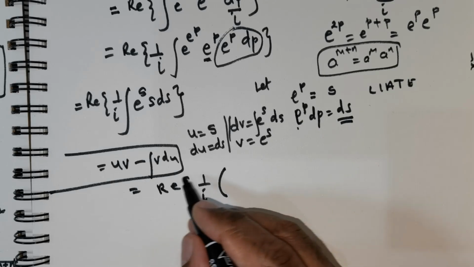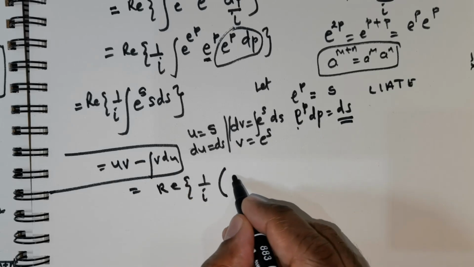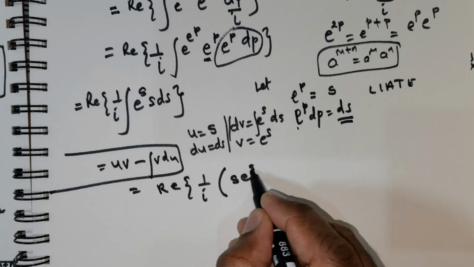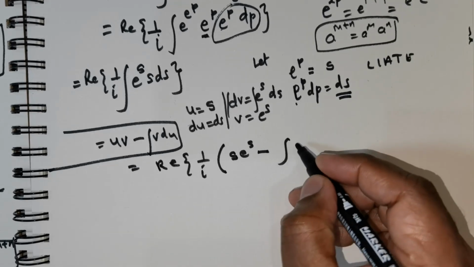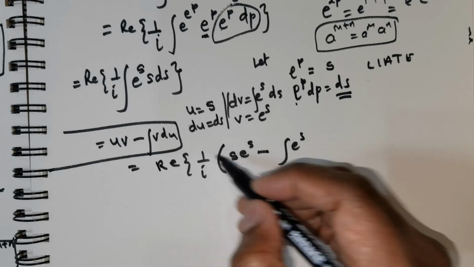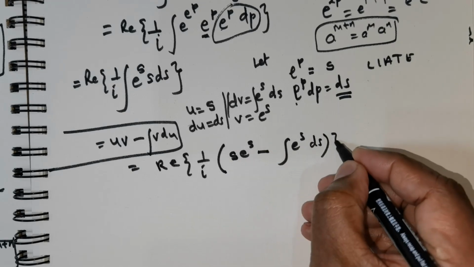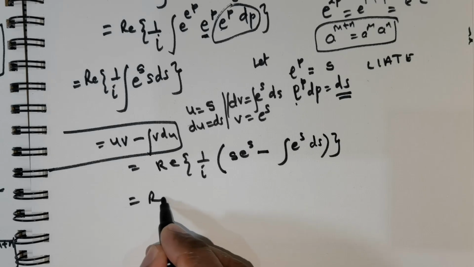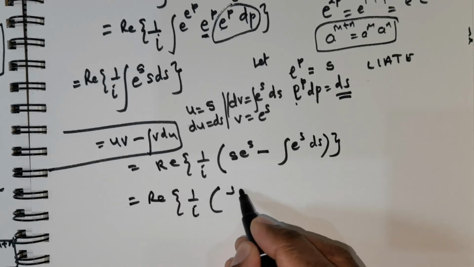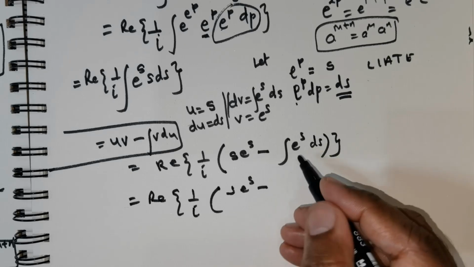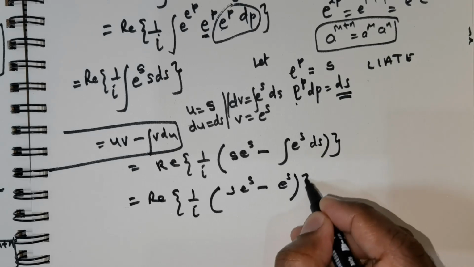So substituting the formula, uv is going to be s times e^s, minus, my v is e^s, and my du is ds. So we will have to integrate this. This is equal to the real part of 1 over i times s times e^s. When you integrate e^s, you get e^s.